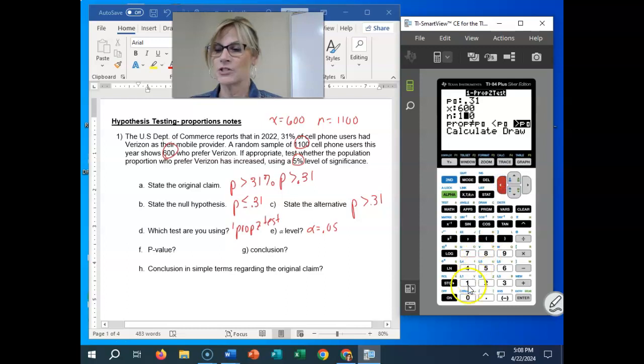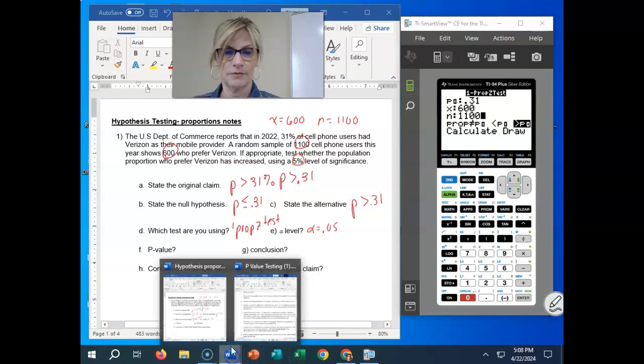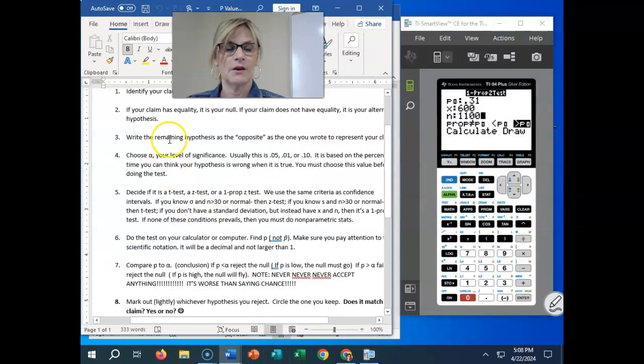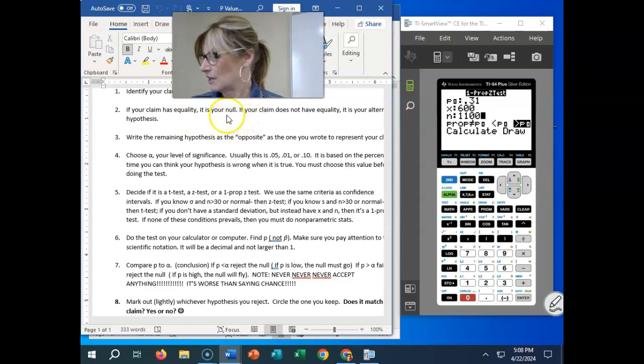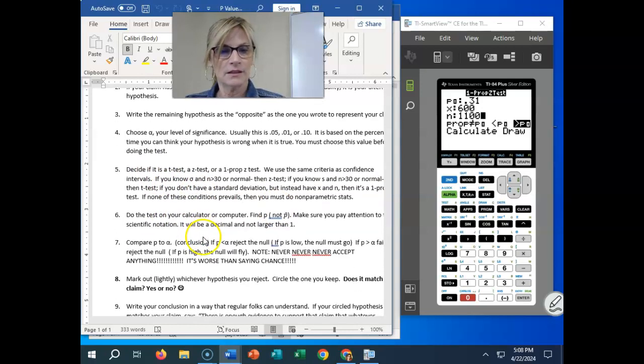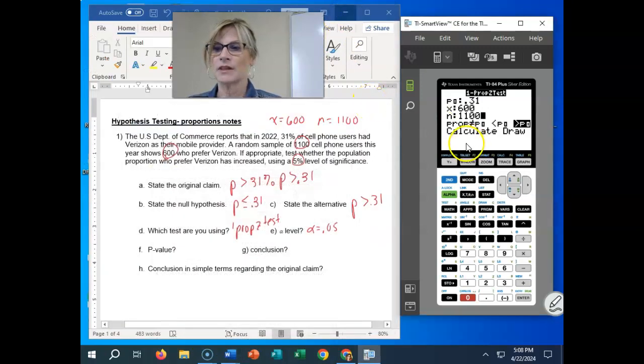And this is all on the sheet that says, do not lose this sheet. You write your claim, you write your null, you write alpha, we write our test. So anyway, that is what we are doing.